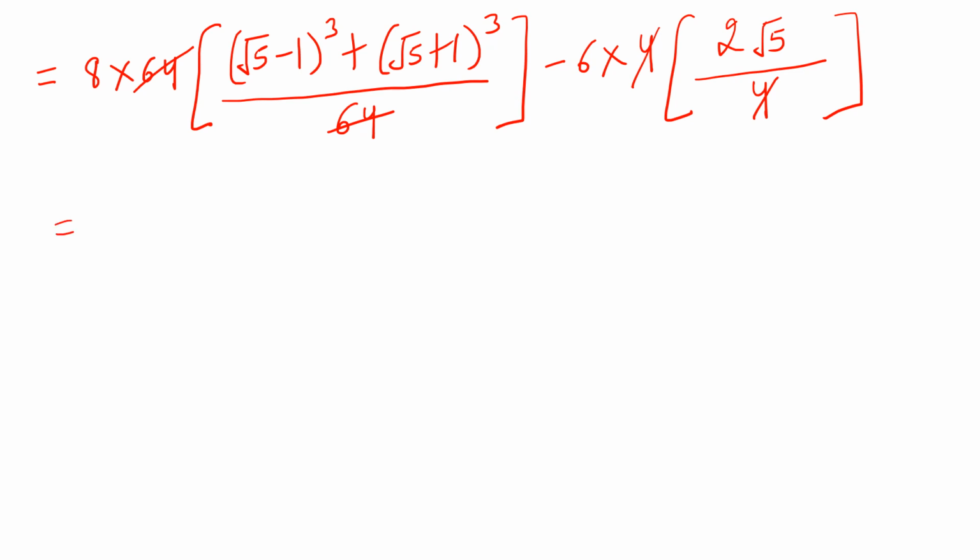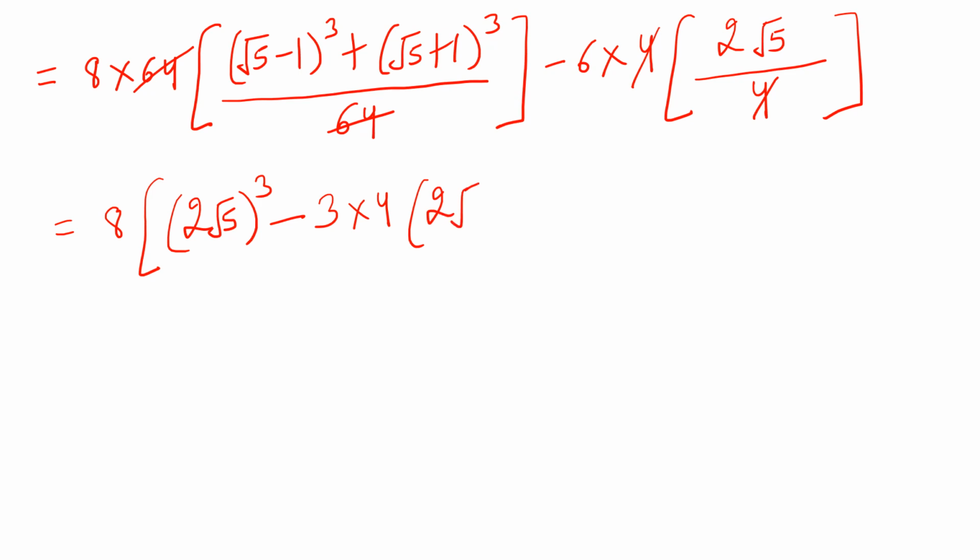Now students, it is equal to 8 times, inside the bracket, (root 5 minus 1) whole cube plus (root 5 plus 1) whole cube, which can be written as (root 5 minus 1 plus root 5 plus 1, that is 2 root 5) whole cube, minus 3 into (root 5 minus 1) into (root 5 plus 1), which is 5 minus 1 or 4, into, inside the bracket, root 5 minus 1 plus root 5 plus 1, which is 2 root 5.